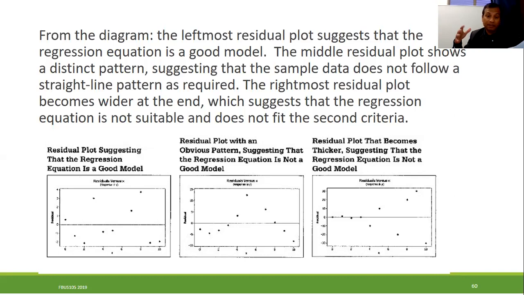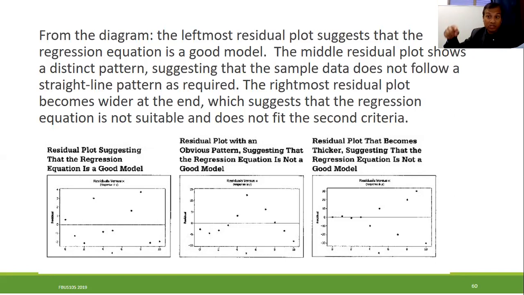But in the case of the second figure, only 3 or 4 points are above the horizontal line, whereas 6 or 7 are below. Apart from that, we have noticed certain patterns. It seems like an inverted U pattern of the residuals, decreasing, increasing, and then again decreasing.